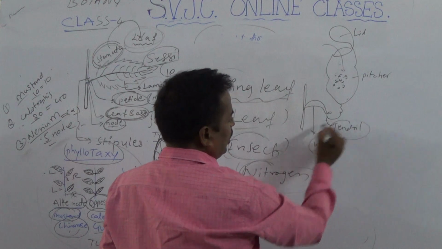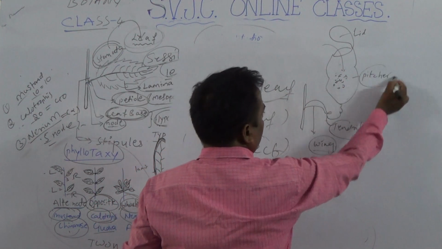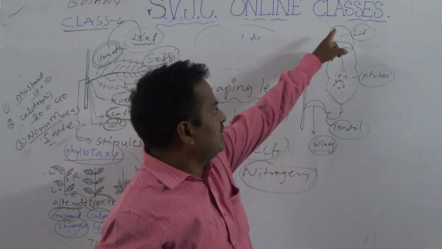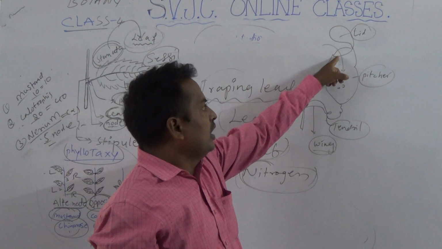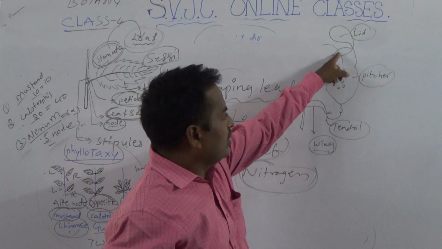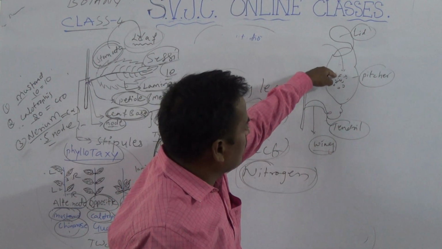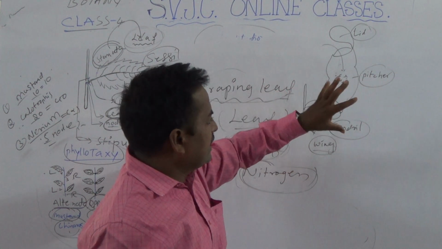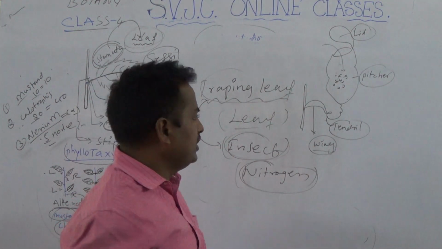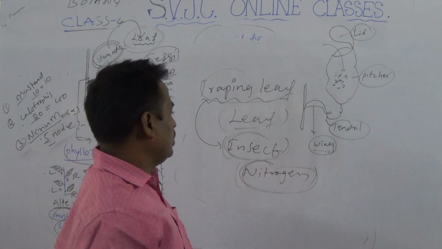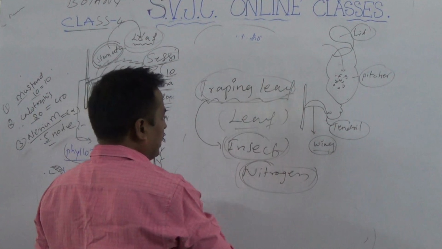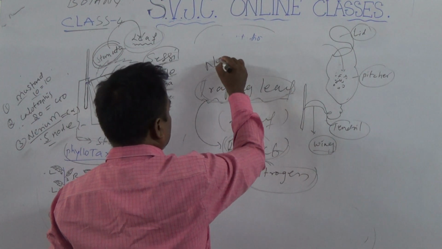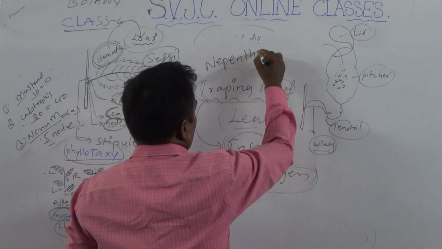The upper petiole is modified into a tendril. The lamina is modified into a pitcher, and the apex is modified into a lid to attract insects. The insect sits on the lid or apex and falls into the pitcher, and the insect inside the pitcher is digested with digestive enzymes to get nitrogen. Such leaves are called trapping leaves, also insectivorous leaves. For example, Nepenthes.